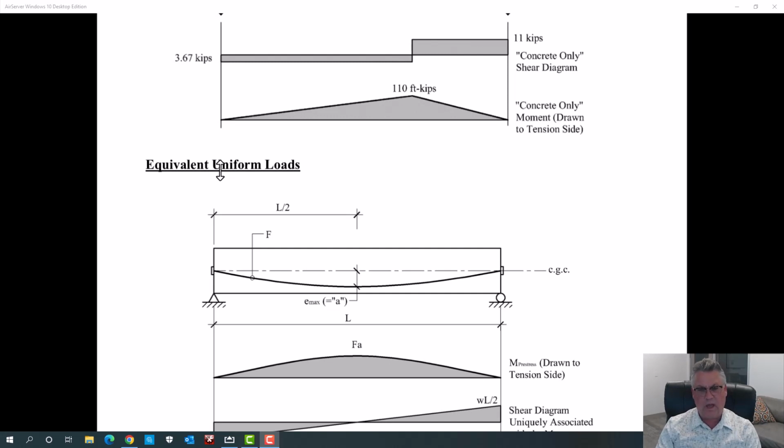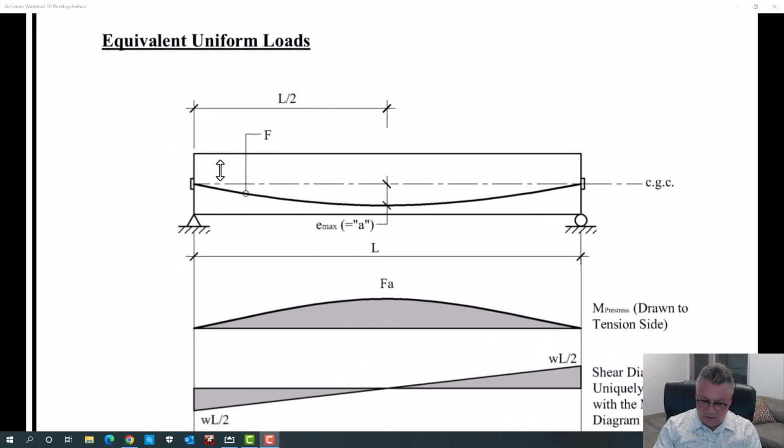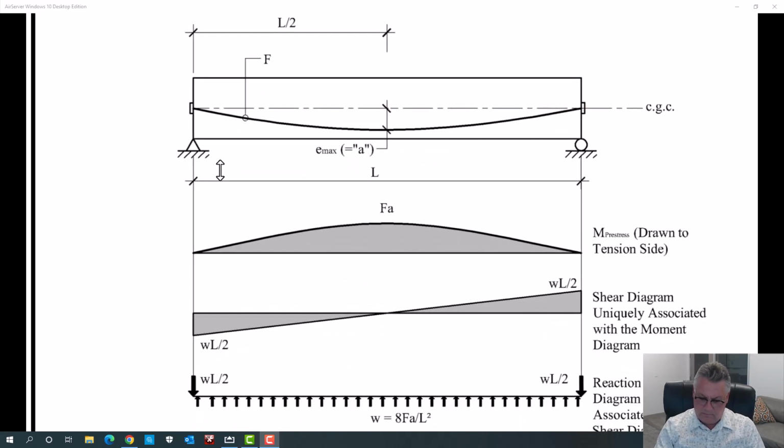What happens when we have a parabolic tendon profile? Well, we start with the same process. F times E at any location. E is varying, but it's varying parabolically now. So we have an F times E at any location.